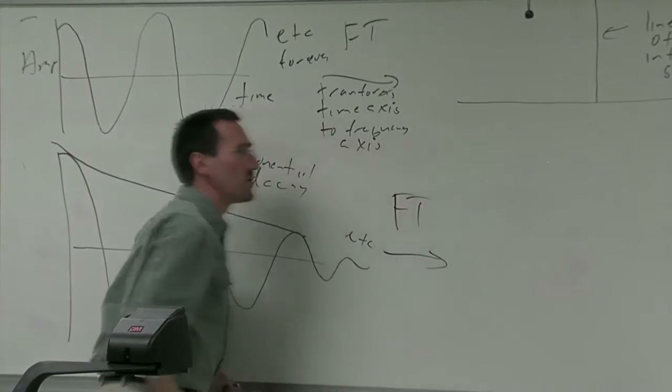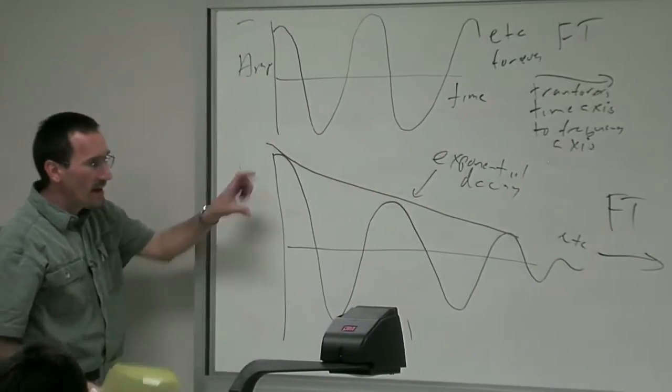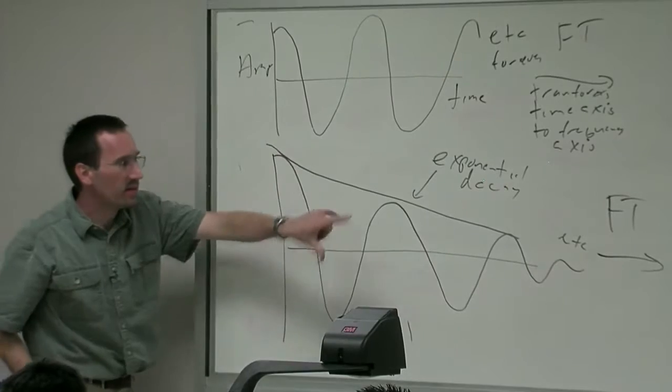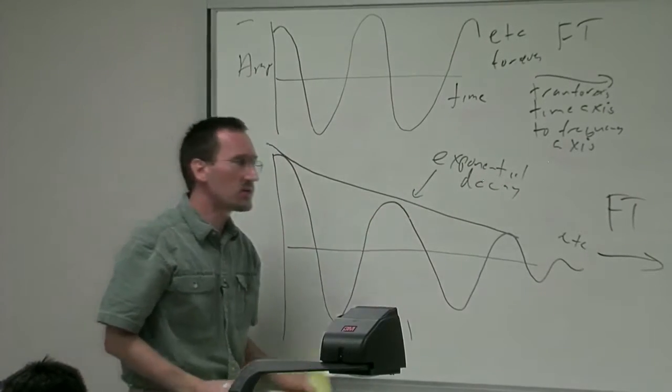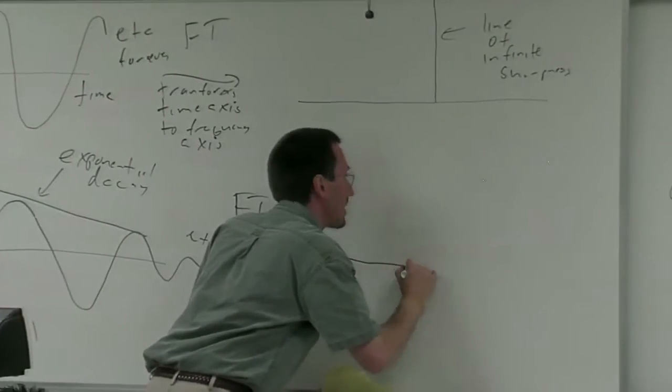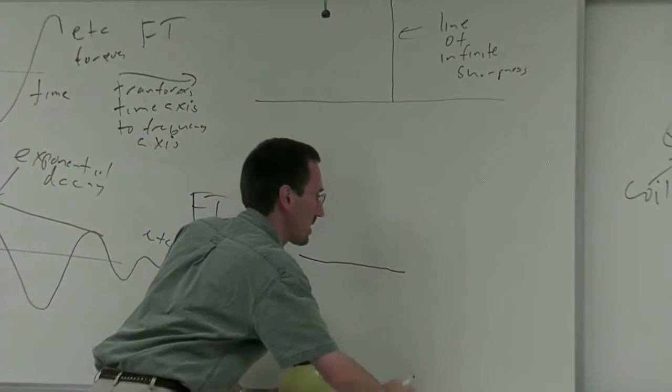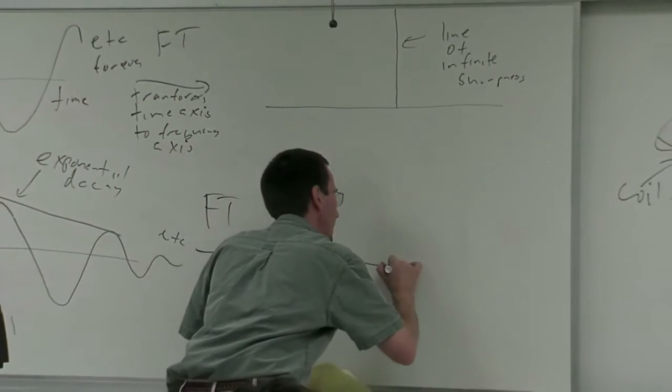And so when you Fourier transform a cosine wave dying off with an exponential decay, you actually get something that looks like an NMR peak.